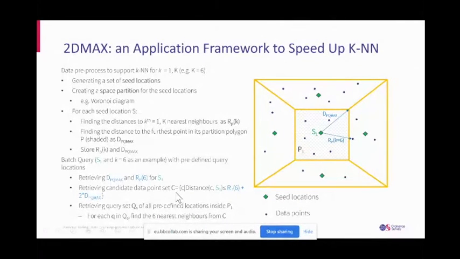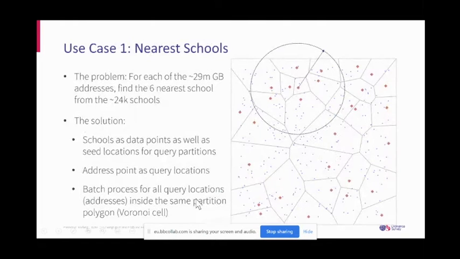We can then, for each of the query locations, use this retrieved data on the client side to calculate the k-nearest neighbors for each of the points. It's the first use case.